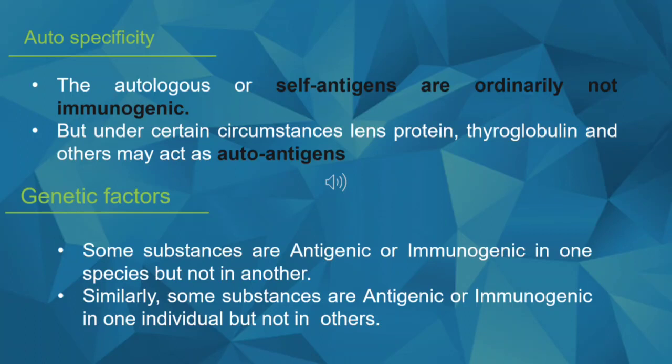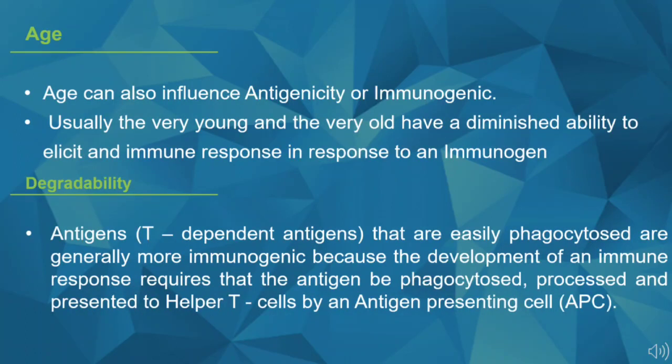Similarly, some substances are antigenic or immunogenic in one individual but not in others of the same species. And now the age. The antigenicity or immunogenic property of an antigen can also be determined by age. Usually, the too young and the too old have a diminished ability to elicit an immune response against an immunogen.